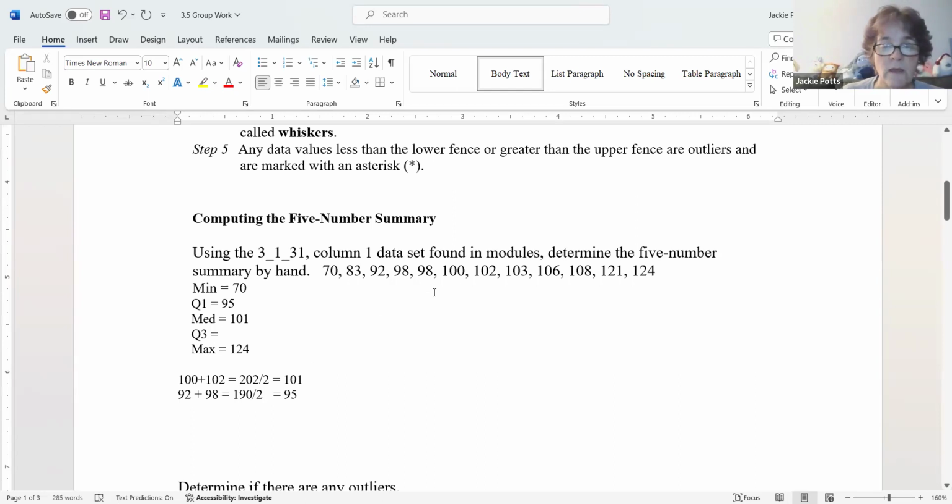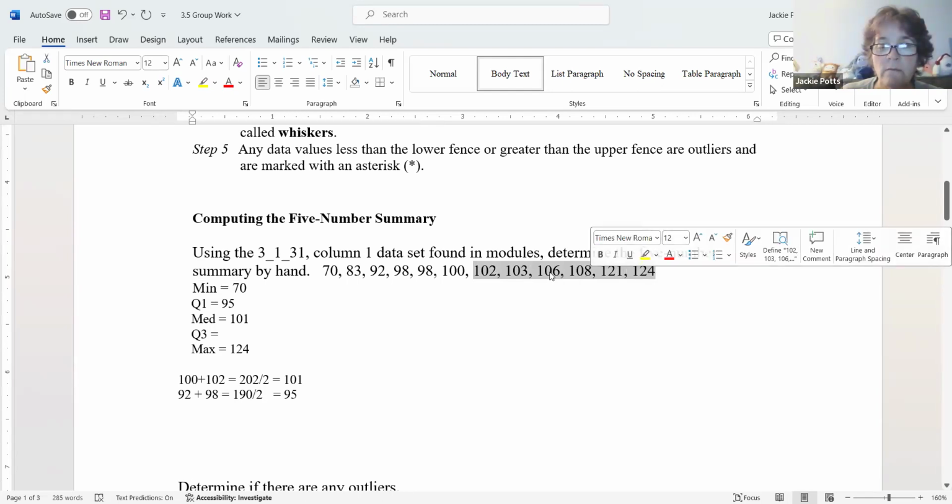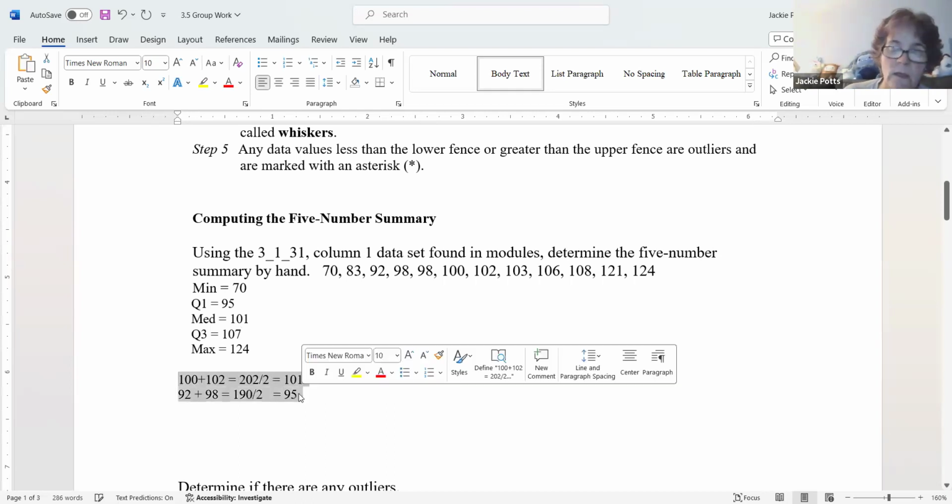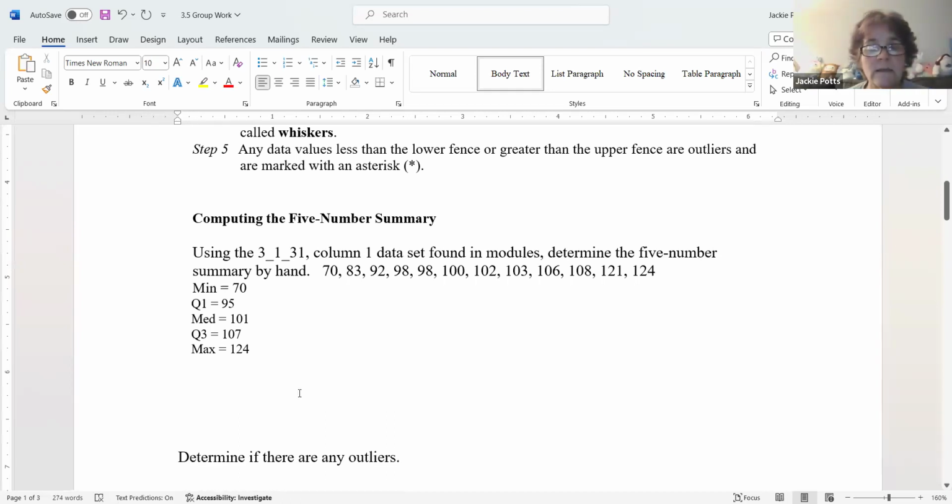I'm going to do the same thing now for the right half. Again, I need to find a number between those two, guys. We're going to add them, divide by 2, but I think we can kind of see that 107 is halfway between both of them. So I've got my 5 digits. And that is determining my 5-number summary by hand.